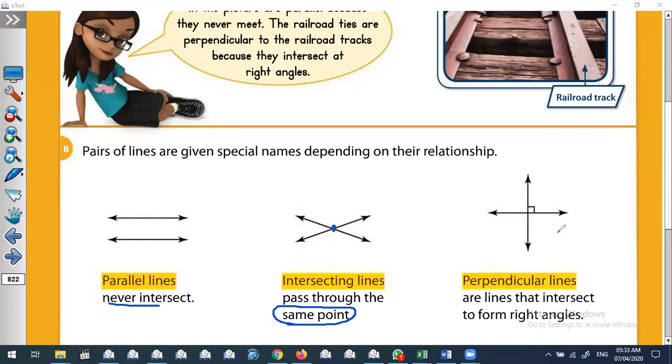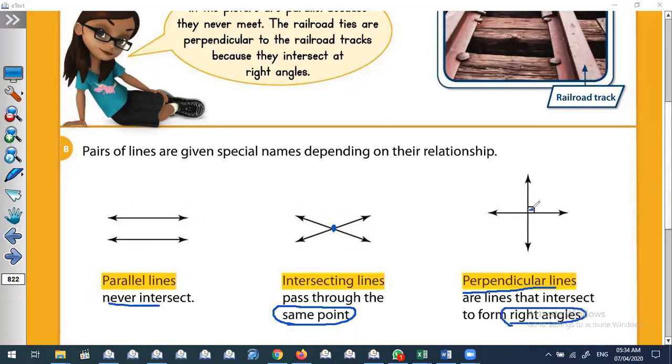The next relation between two lines, perpendicular lines. Perpendicular lines are lines that intersect to form right angles.